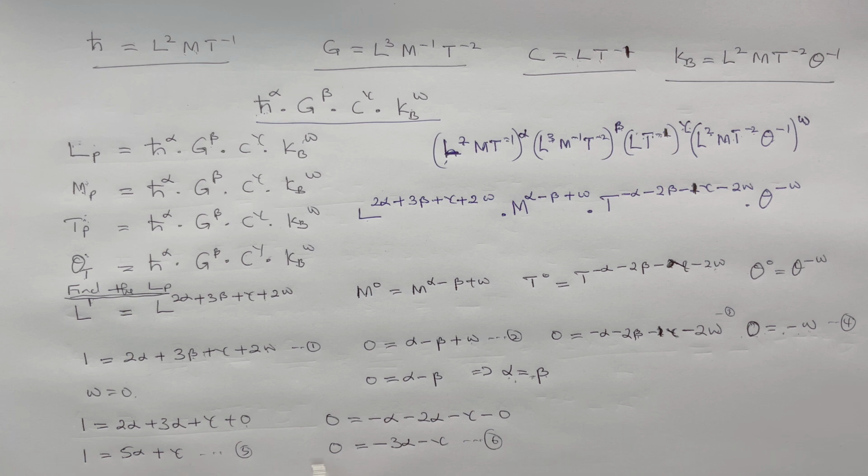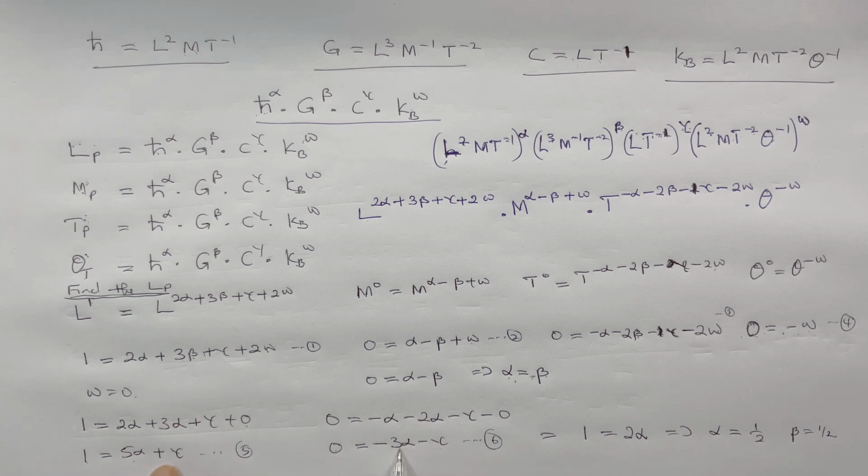I need to add these two together. That'll be equal to 1 plus 0 is 1, because it's a simultaneous equation, equal to 5 alpha minus 3 alpha is 2 alpha. Gamma minus gamma is 0, which implies that alpha equals a half, and therefore beta equals a half.